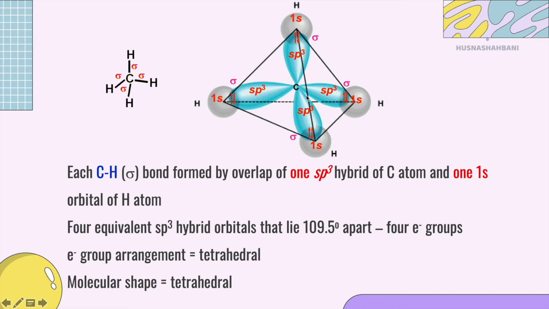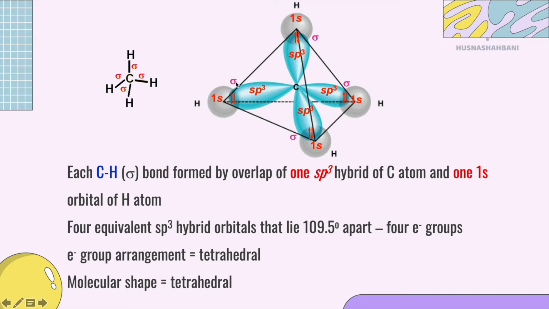And then for the surrounding atom hydrogen, hydrogen has only 1 unpaired electron. If you draw the orbital diagram of hydrogen, the 1 unpaired electron is in an s orbital. So you have to draw the 1s orbital bonding with the sp3 orbital.